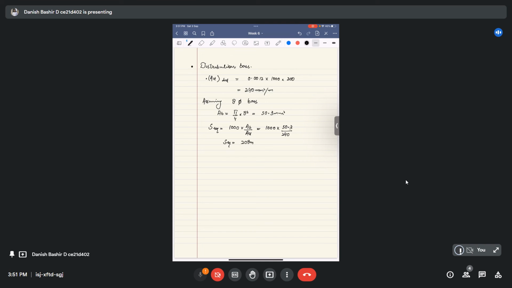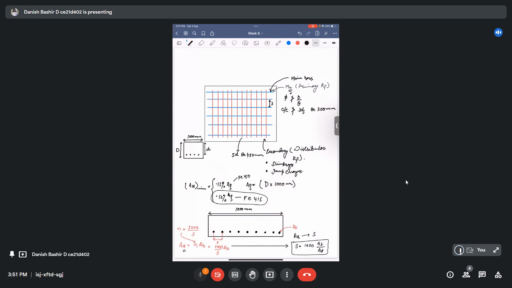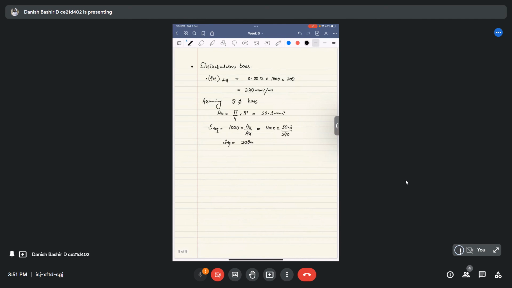So we have to look at the maximum spacing limits given by the code as well. I already mentioned it here. It is either 5D or 450 mm, whichever is less. So checking the maximum requirement as well: max spacing is equal to 5D or 450 mm. 5D is 5 into 160, which is 800 mm.